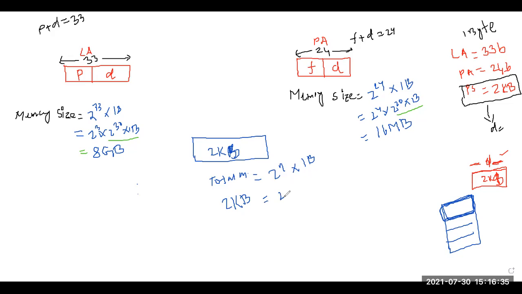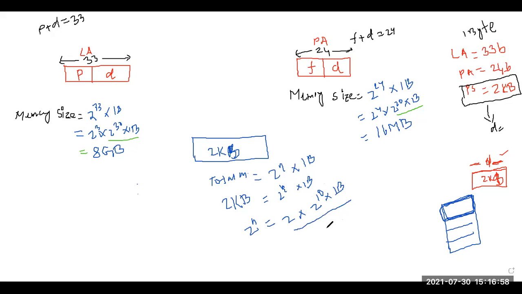This is 2 to the power of n into 1. So I can write 2 to the power of n equal to 2 KB, which can be written as 2 to the power of 1 into 2 to the power of 10 bytes. Yes or no? Can I write this? This KB can be written like this.